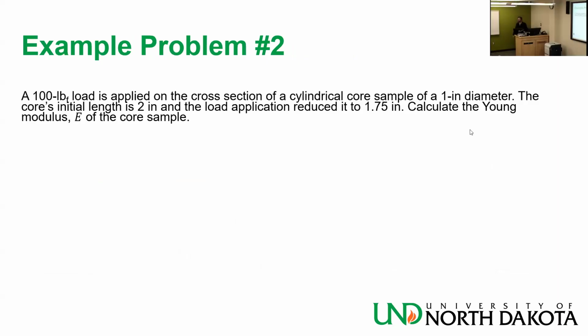Example problem number 2. A 100-pound force load is applied on the cross-section of a cylindrical core sample of 1-inch diameter. The core's initial length is 2 inches, and the load application reduced it to 1.75 inches. Calculate the Young's modulus of the core sample. This is a very simple problem, actually. You have a core, it's 2 inches.